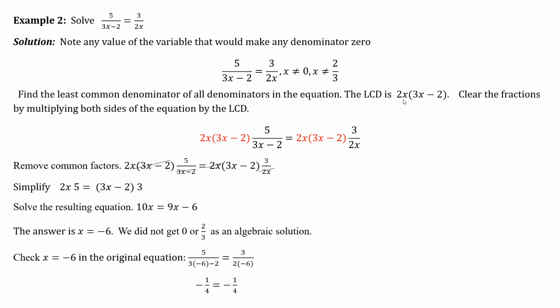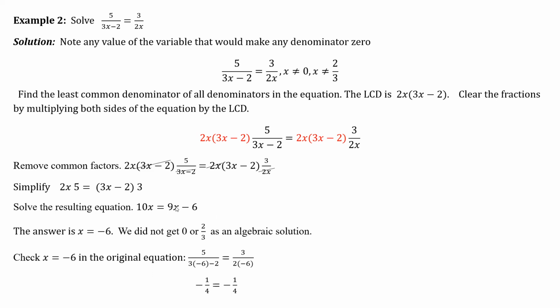It is 2x multiplied by 3x minus 2. Clear the fractions by multiplying both sides by the least common denominator. Remove common factors. Simplify this given equation and solve the resulting linear equation.